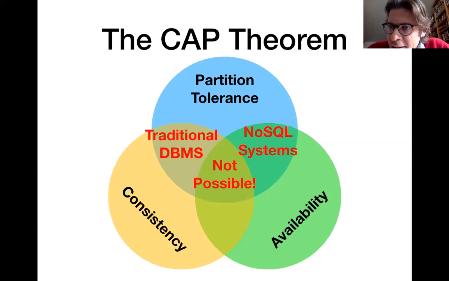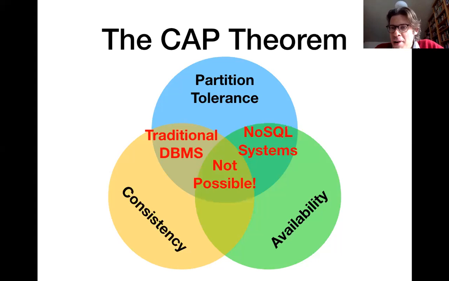In that case, you might have to decide between consistency and availability, because if somebody sends a request to one part of the system, then that part of the system either refuses to honor the request or it updates its data locally, and then the local data might become inconsistent with data at a different site.